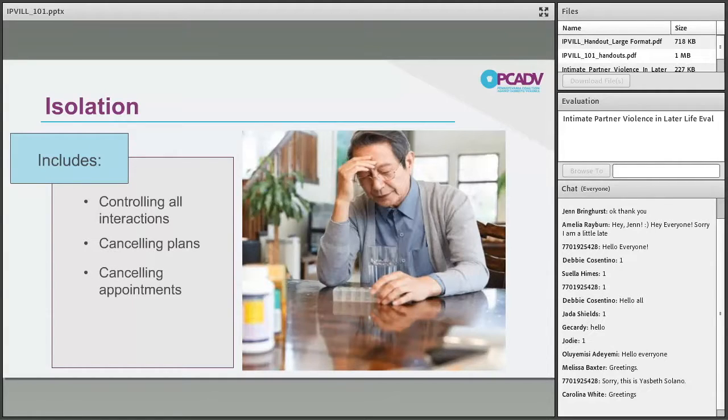Canceling appointments, so medical appointments, any sort of treatment that they are seeking. Also limiting access to technology, so email, phone, physical mail, completely cutting them off, as well as ignoring them. So purposely does not visit them or purposely doesn't talk to them or make contact with the older adult survivor, intentionally cutting them off so they're completely alone and only dependent on the abuser.